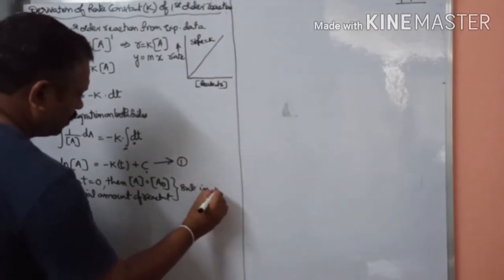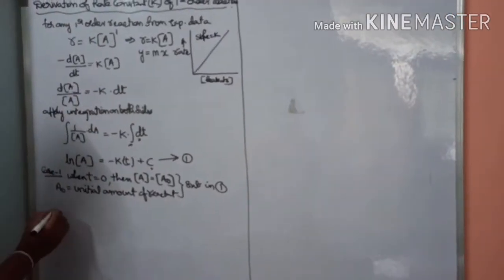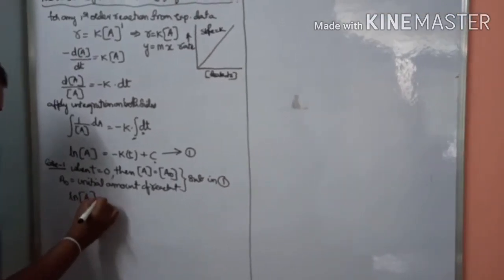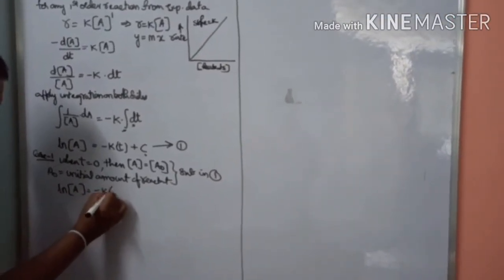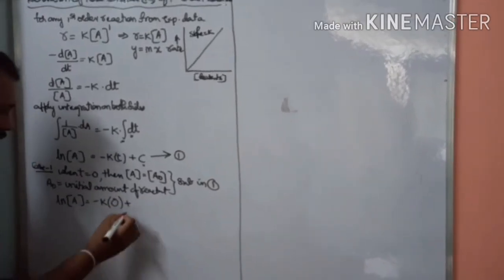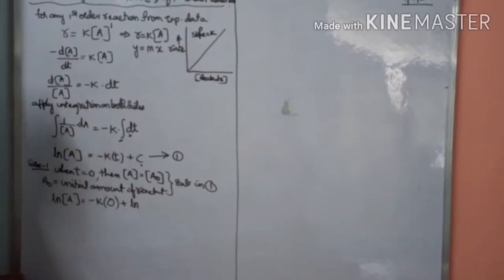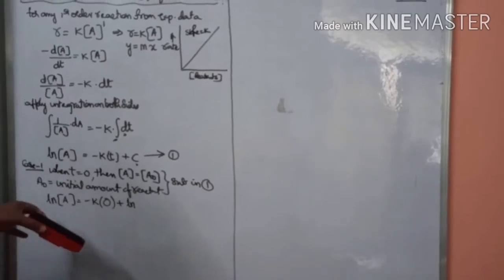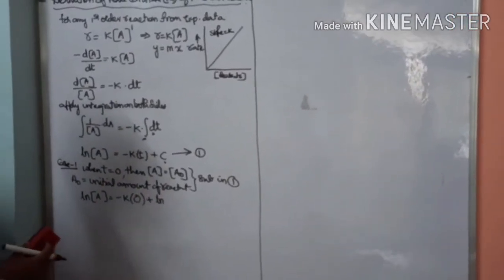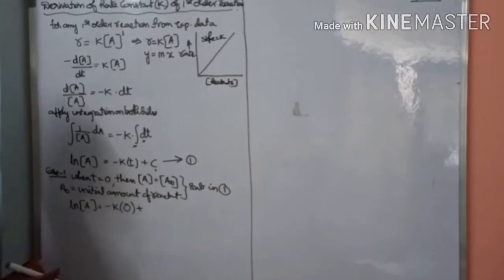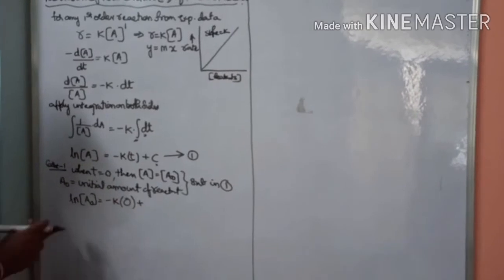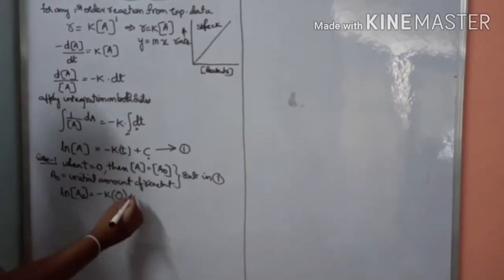Okay, let us substitute these conditions in the above equation, which we mark as 1. What do we turn out with? ln of A is minus of k into 0 plus ln of A naught, because A is replaced with A naught and time is replaced with 0.